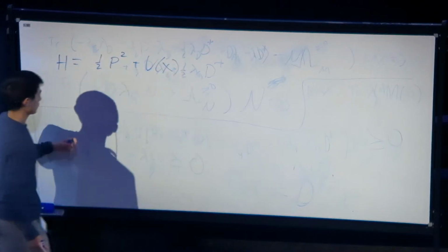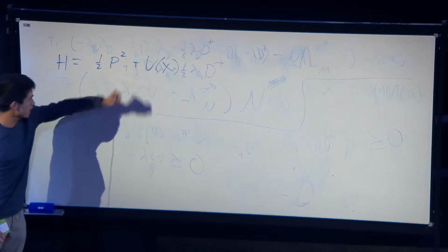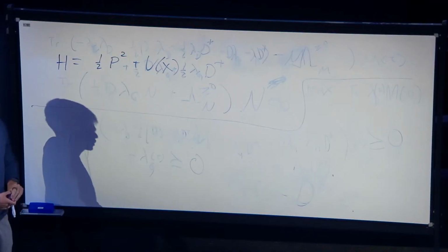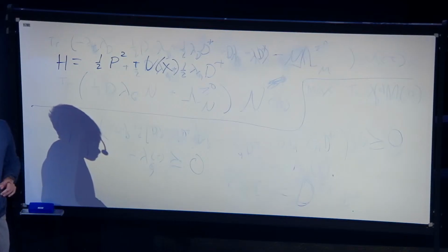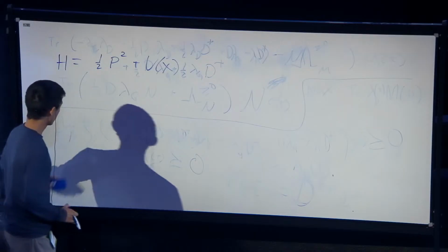I'm going to have in mind just one particle with some potential, but this proof goes through almost completely for one-matrix quantum mechanics, and also for higher matrix quantum mechanics with some very minor modifications.